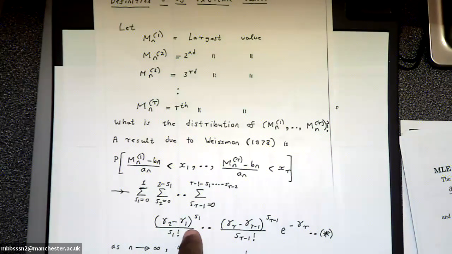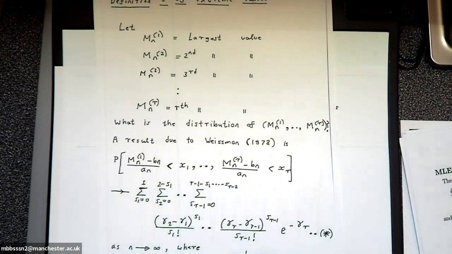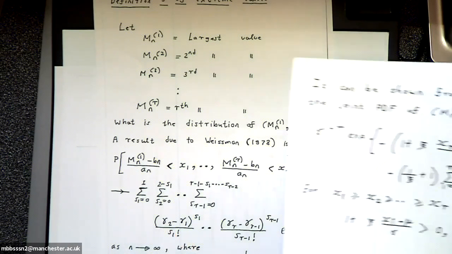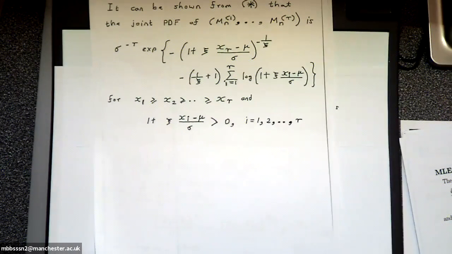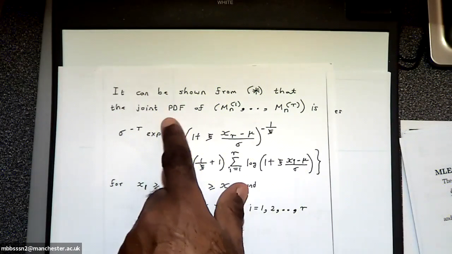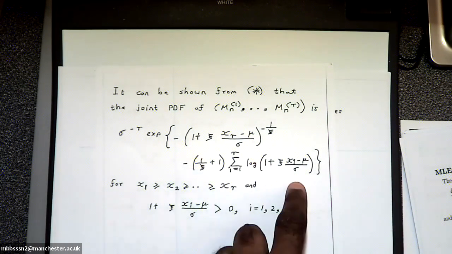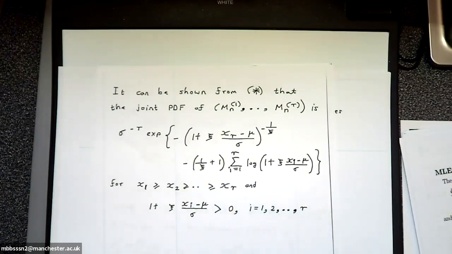So this is the fundamental result for definition 3. And this is the CDF, as you can see, it's a joint CDF. Now you should differentiate this with respect to the parameters, and this is what you will get, the joint PDF of the R extreme values, which will look something like this after a lot of math, right?